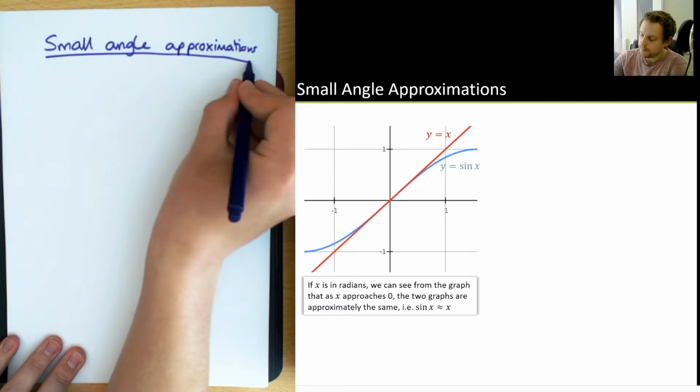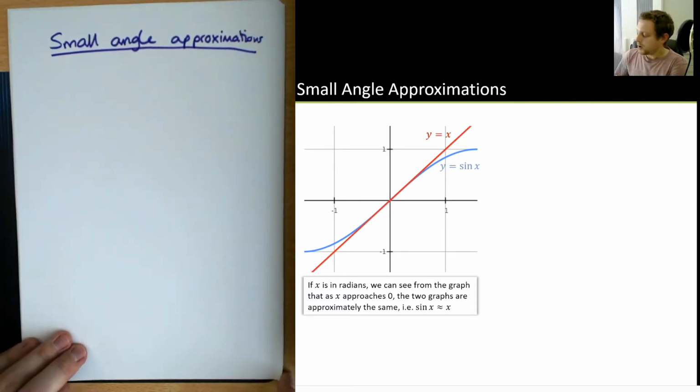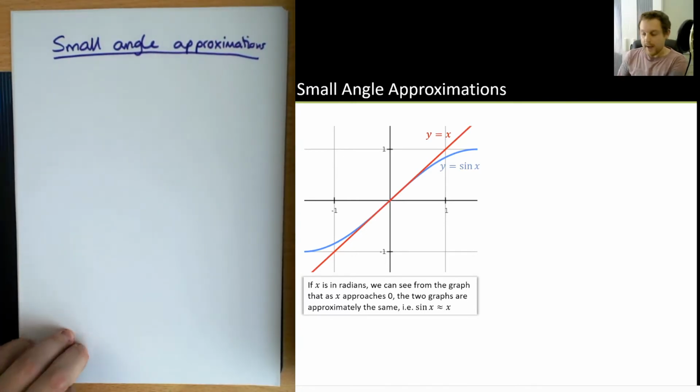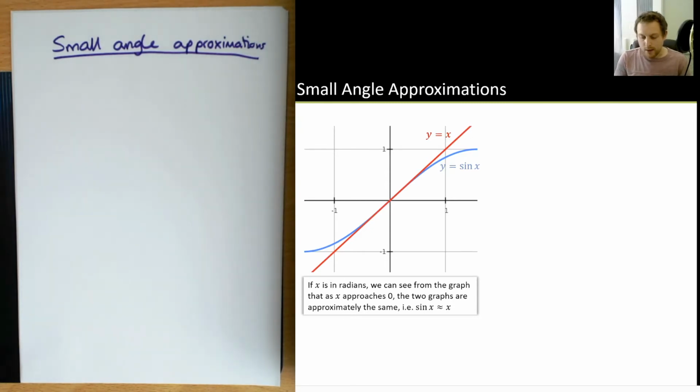So first of all, what small means is the smaller the better, and if you choose a smaller angle, the approximation gets more accurate. And it works on the flip side.